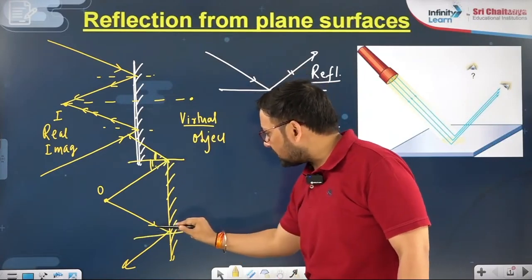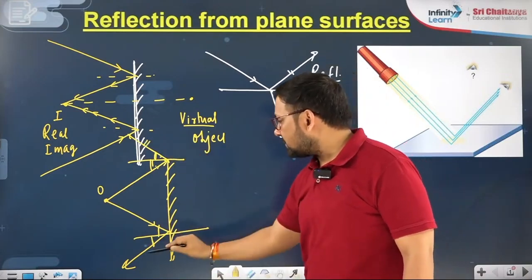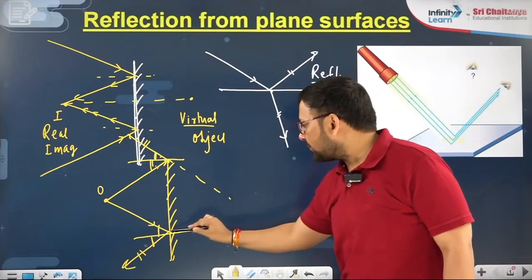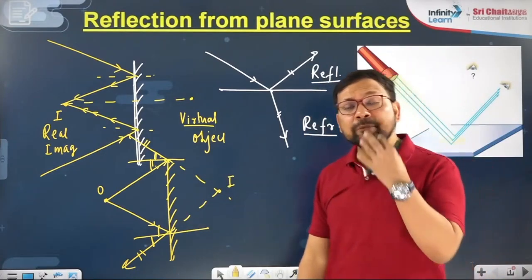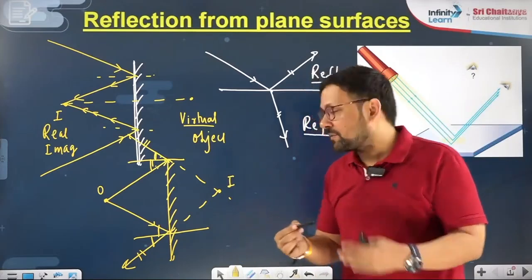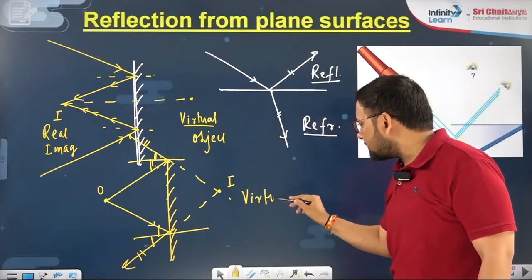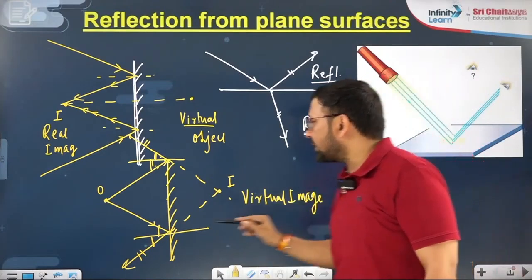Here also with the normal, incidence and reflection will have the same value. The reflected rays here will appear to come from some point, and their image will form there. Since they appear to come, they are not actually coming from that point. Appear to come means virtual. So what image is that? Virtual image, and here will be a real object.